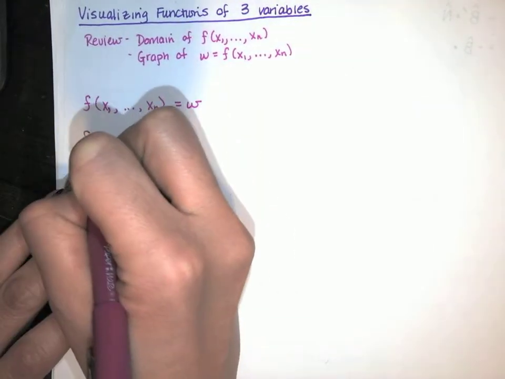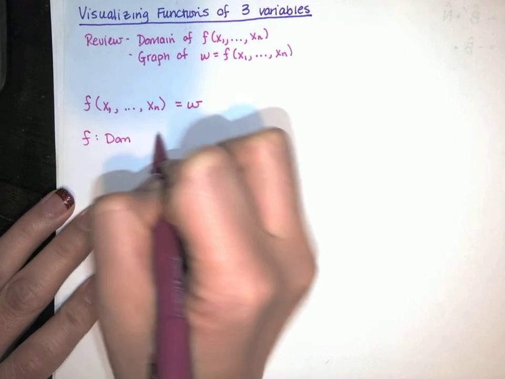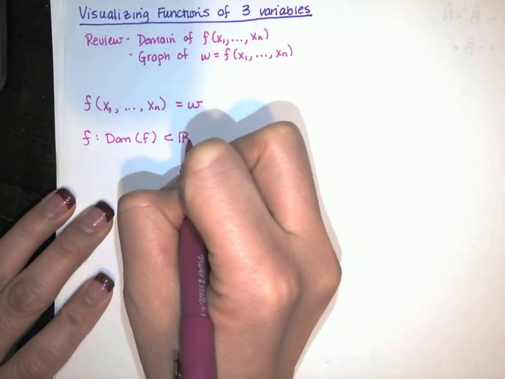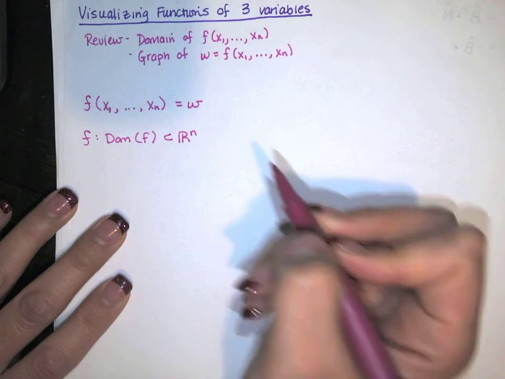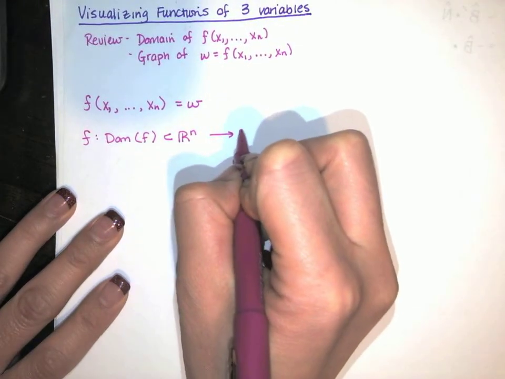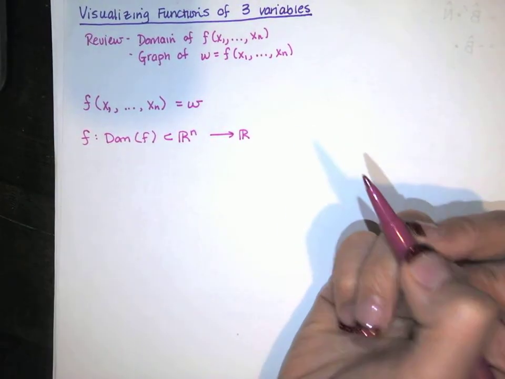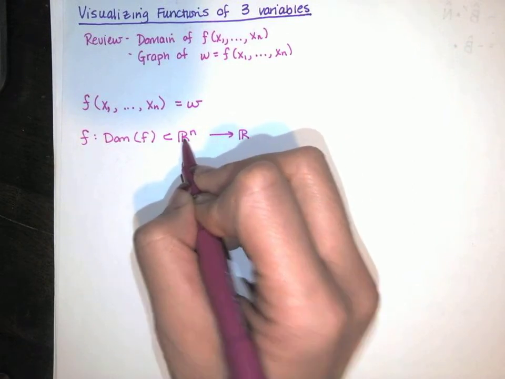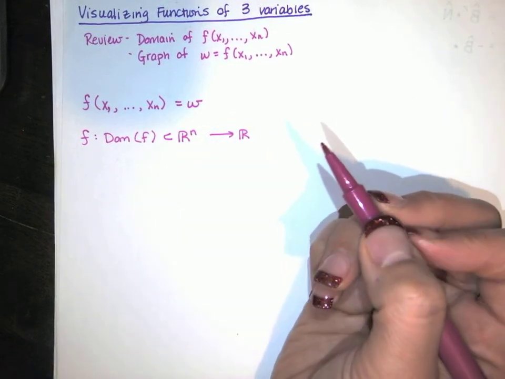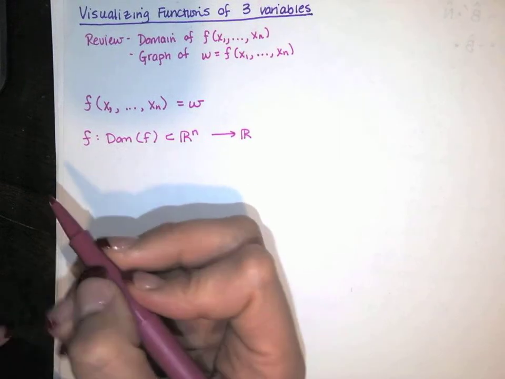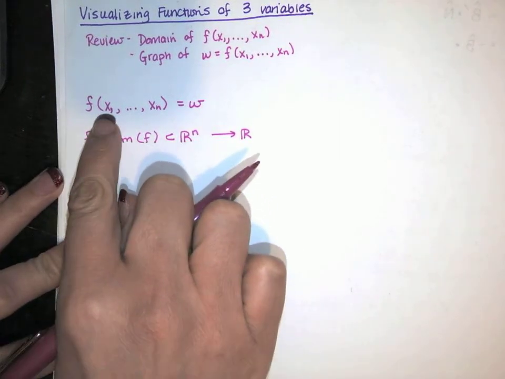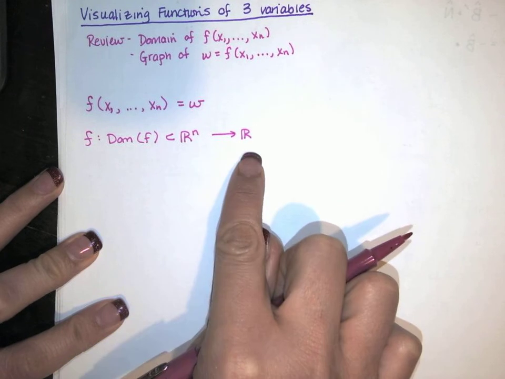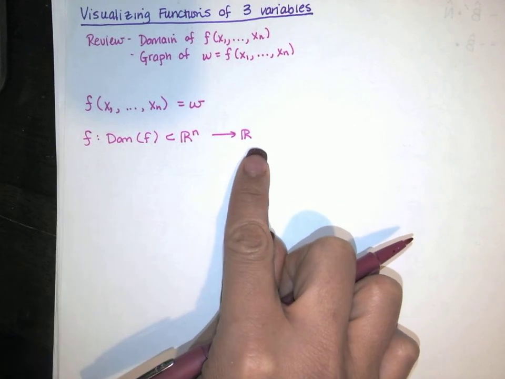So f is taking some element from its domain, which is in n-dimensional space, and it's mapping it to a real number w. At least in this class, these are n-tuples of real numbers, and this is a real number. So the domain of a function of n variables is always a subset of n-dimensional space, and then the output variable is always just a real number.